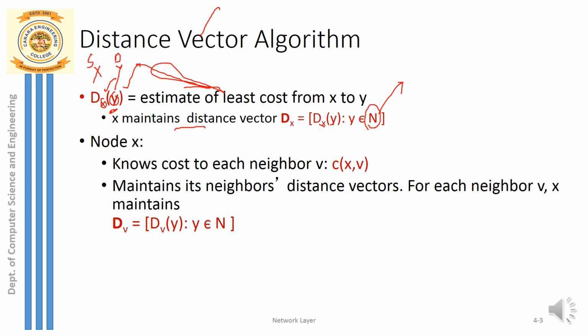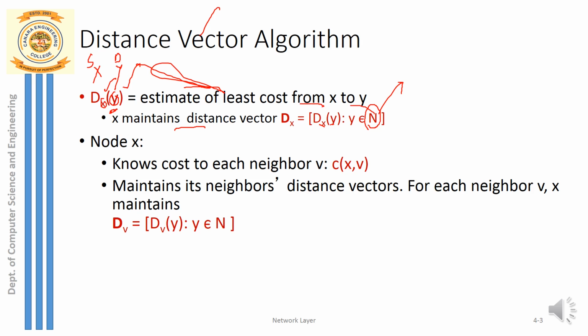So Y is one of the nodes belonging to this list of nodes in the network. We can call them routers, and as you all know, every router maintains a routing table. So what is the information maintained in the routing table at every node? It is nothing but the least cost path, from itself to the destination.